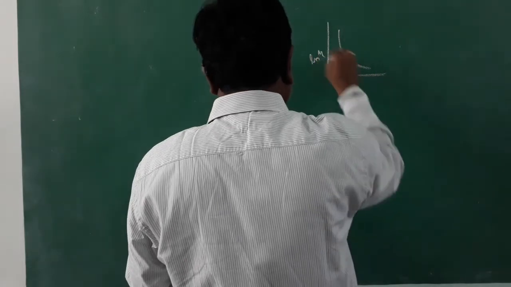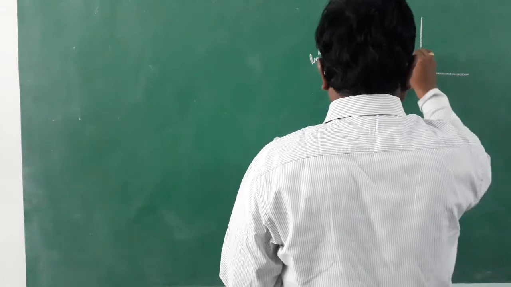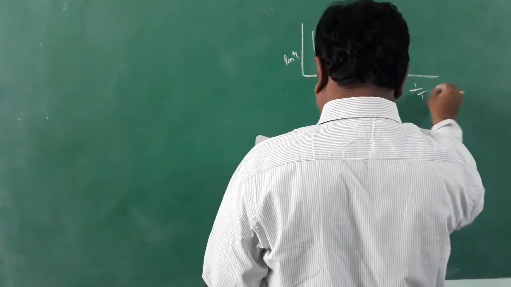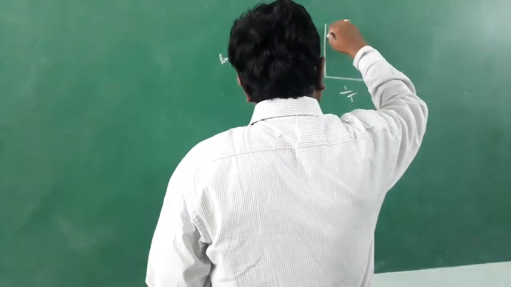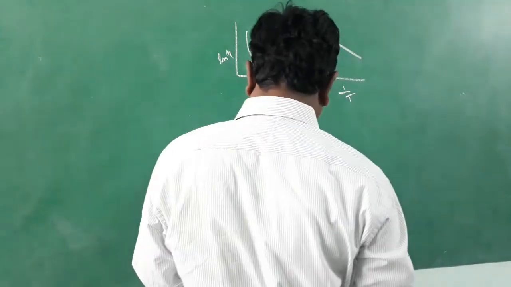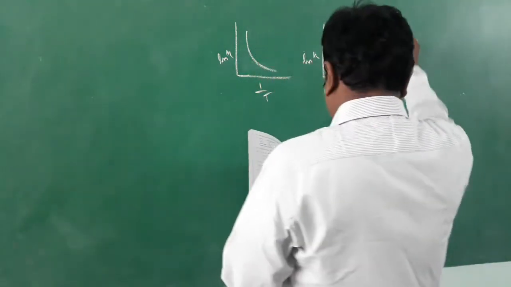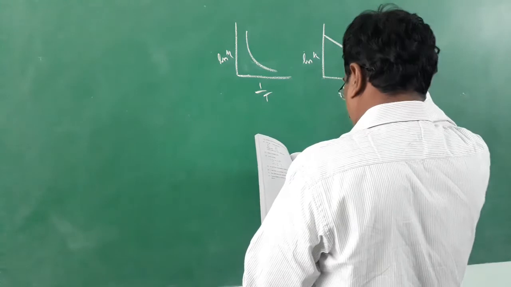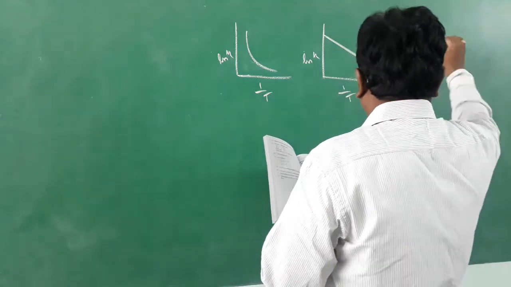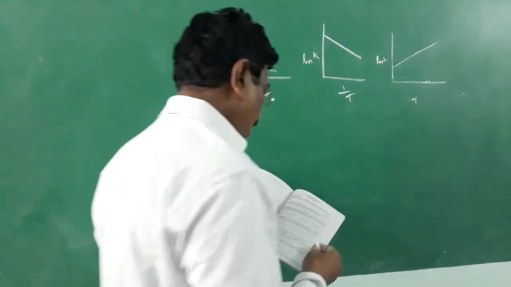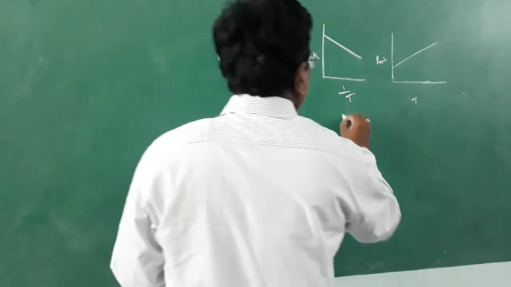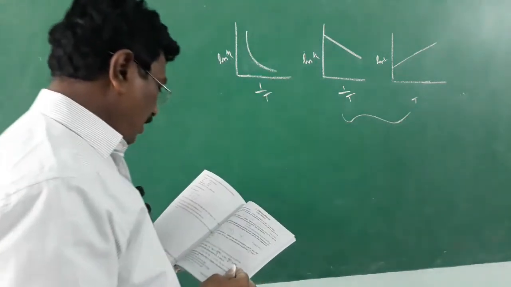A curve is given. And ln k versus 1 by t, they are given a straight line with a negative slope. Of course, it touches here. And the third one, they are given ln k versus t with a positive slope. This is how they are given. And both B and C are given as options.